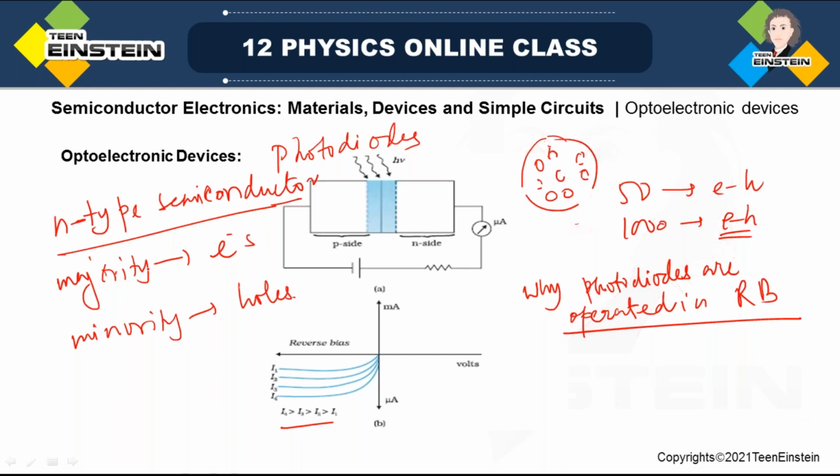Now look, if I take this p-n junction diode and shine a light on it, what happens? Electron hole pairs will be generated.